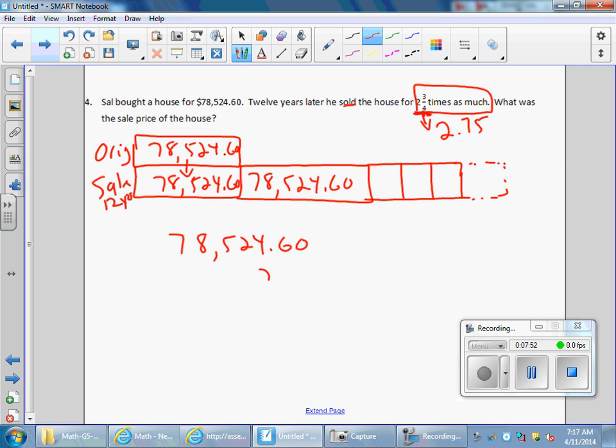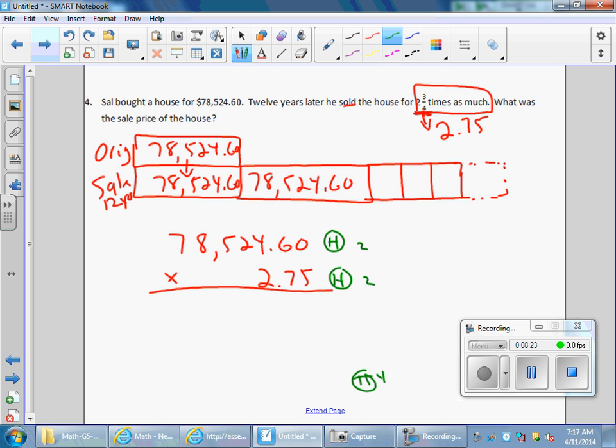So we have 2.75 to multiply by. Now I'm going to forget the decimals for now, but I'm going to remember that I have hundredths times hundredths. So I should end up with 2 decimal places and 2 decimal places. I should end up with 4 decimal places, which would be 10,000ths place.